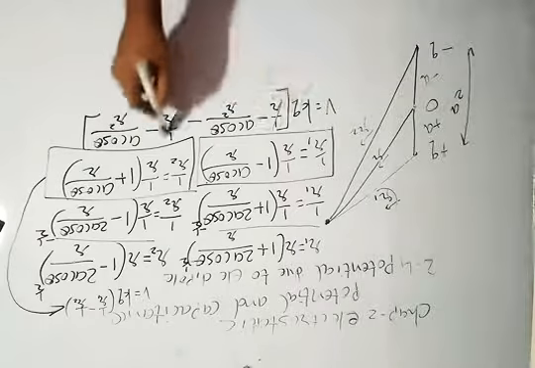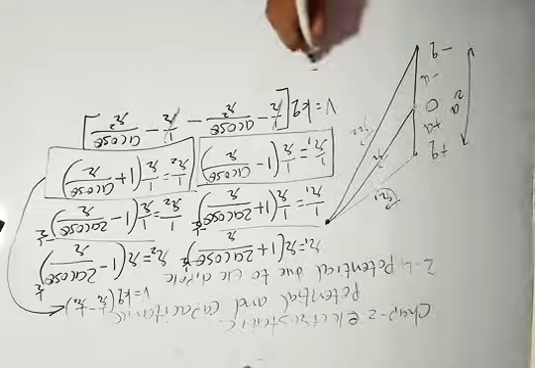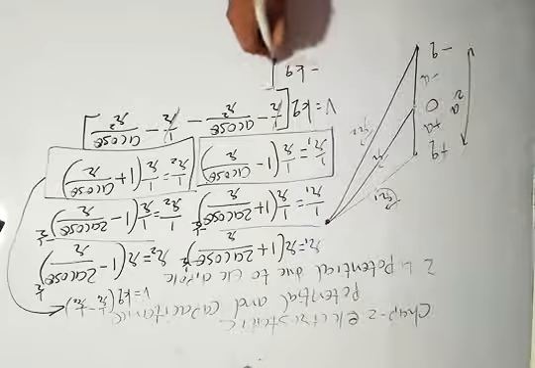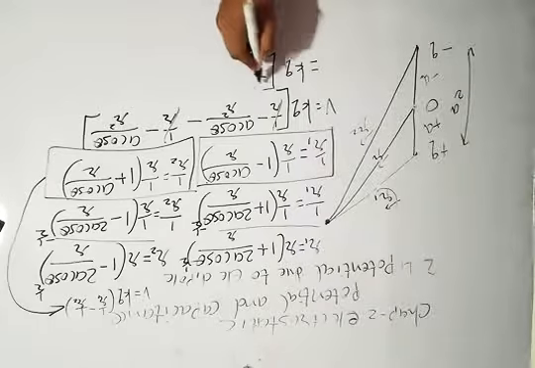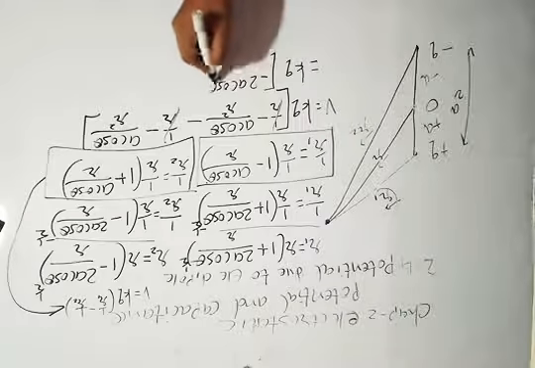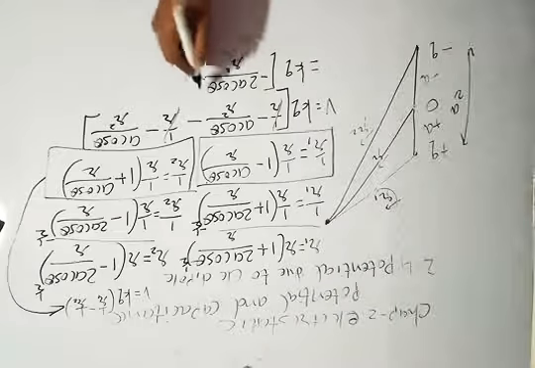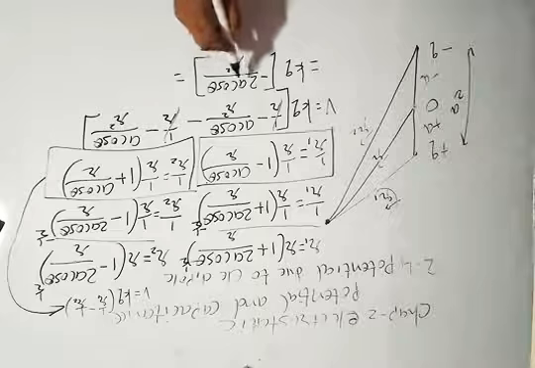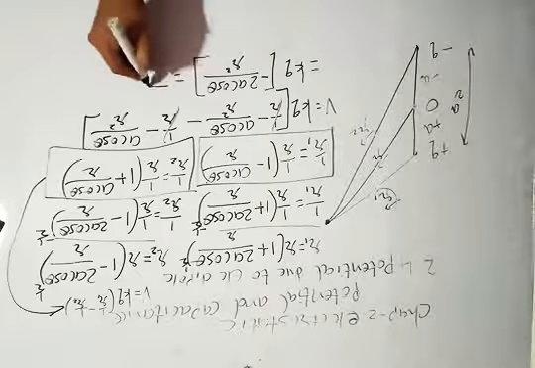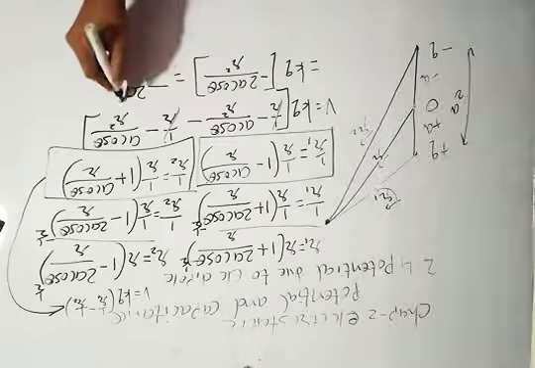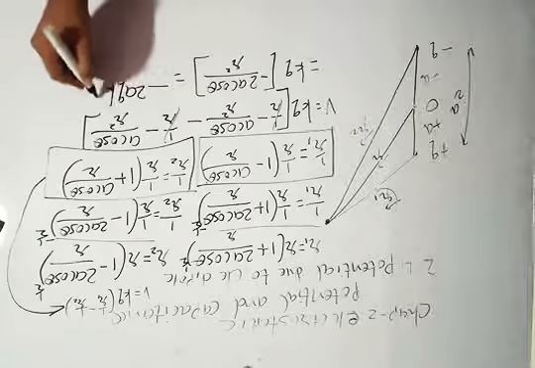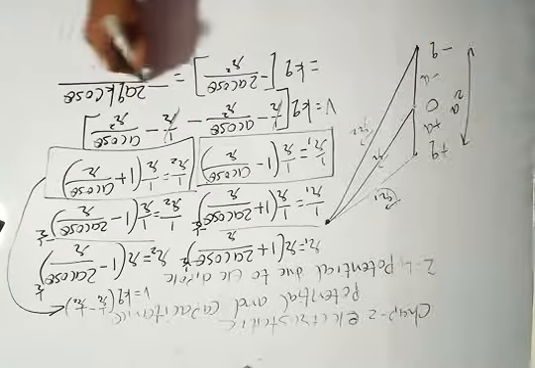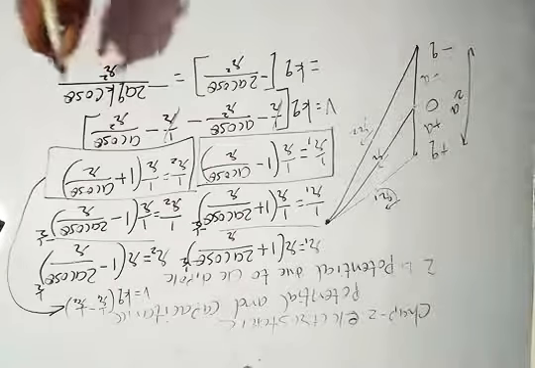So 1 upon r will be cancelled out, so we have kq into the bracket minus 2a cos theta upon r square. Clear? So now taking q inside, minus 2aq into k into cos theta upon r square.